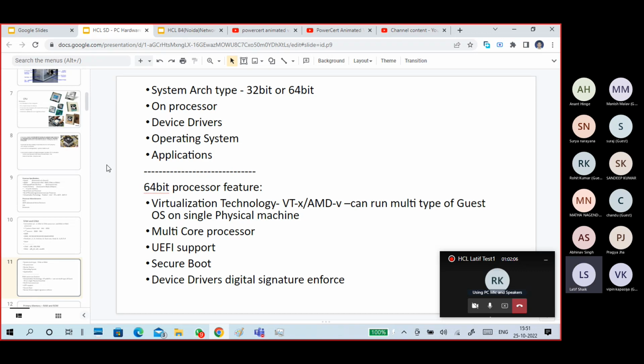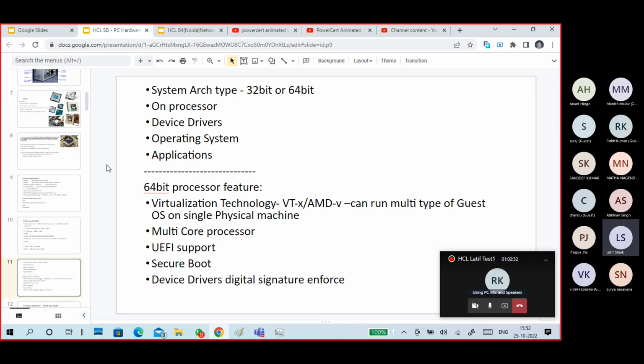Guys, remember, if your processor is 32-bit, the OS must be 32-bit, device drivers must be 32-bit, and applications must be 32-bit. The same goes for 64-bit: a 64-bit processor, 64-bit drivers, 64-bit operating system, and 64-bit applications. Of course, there is some lower-bit compatibility.